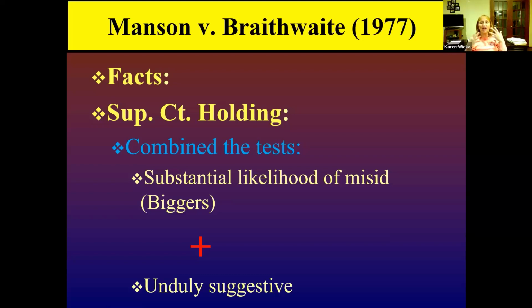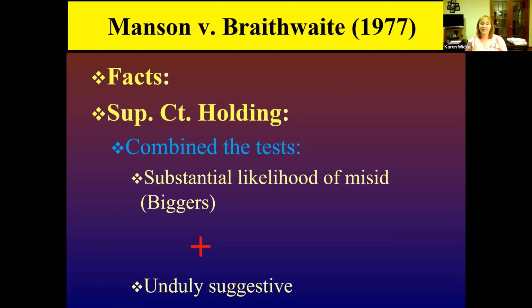So when you are going through your case study, you're going to have to first make a determination, is the eyewitness reliable using those factors? And then you're going to look at the procedures and whether those procedures were unduly suggestive. One of the things you have to be very careful of is show-ups, one person being brought.